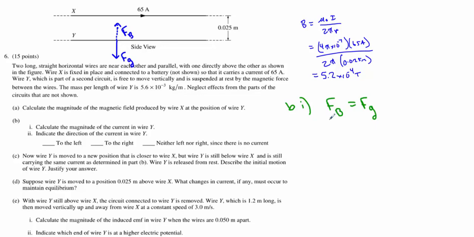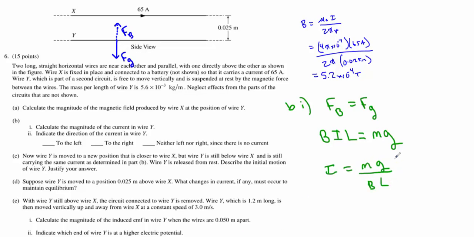So the force of the wire acting on wire Y is B I L times proper orientation, but it is arranged properly. That must then equal the weight of the wire. Ultimately, we're looking for current, so current is going to be equal to mg over BL.